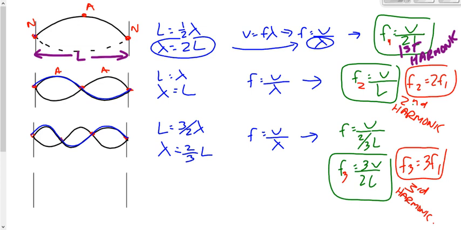So when you turn the tuner to tighten the string, you're making the speed of the wave in the string faster, and as the speed is bigger, the frequency is bigger. That's why when you pluck the string when it's tight, it sounds like a higher pitch than when it's not tight. You're creating a higher resonant frequency, a higher first harmonic standing wave, and therefore a higher pitch sound that you hear. Does that make sense, guys?